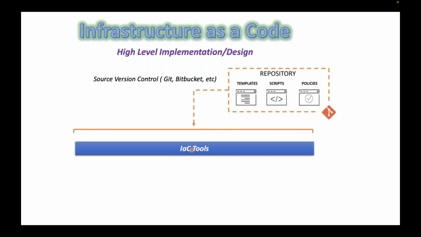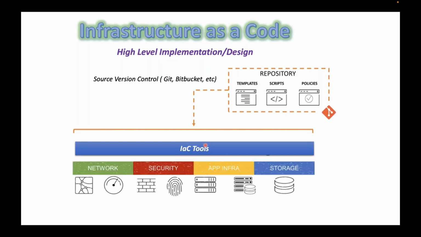On the layer below we have the IaC tool. We have different IaC tools, and we will discuss that. The code will be pulled and executed by IaC tools to create our desired infrastructure. This is the high-level design and implementation. Till now we have discussed what IaC is.